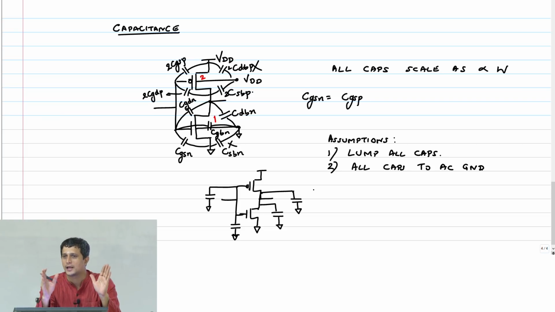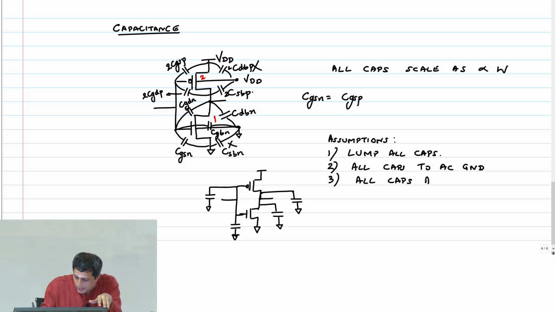You go back and look at the calculations that you did, the capacitances are not off by a lot. So the third assumption is all caps are equal, which implies this is C, this is also C. Of course, this is size 1, this is size 2. Therefore, this is 2C and this is 2C.